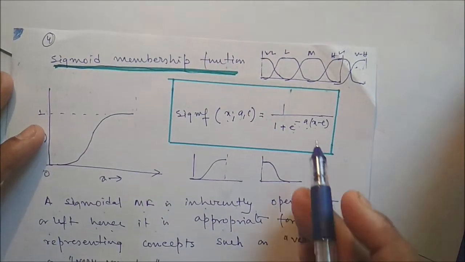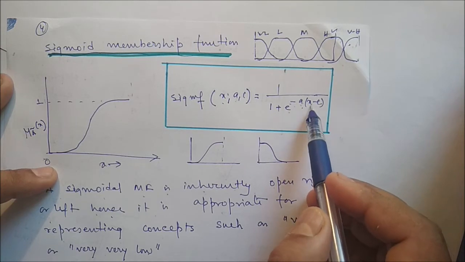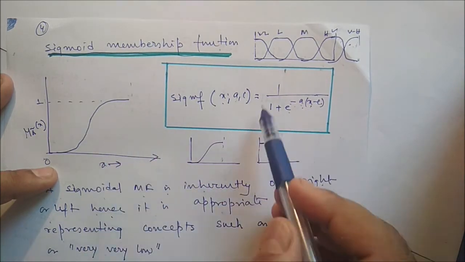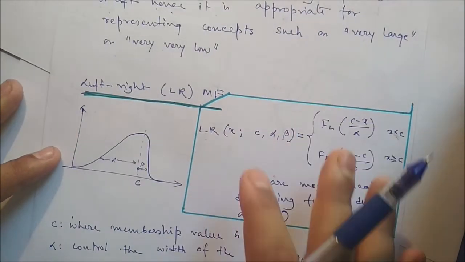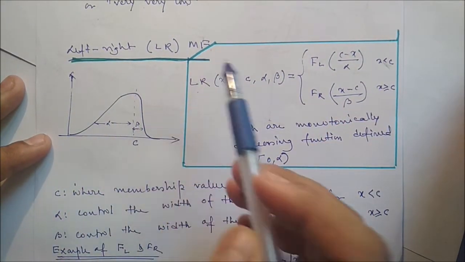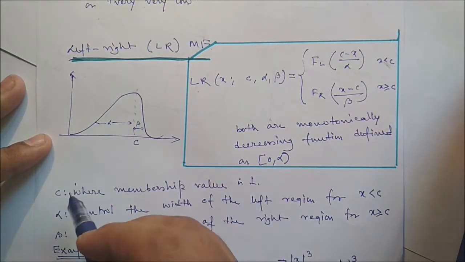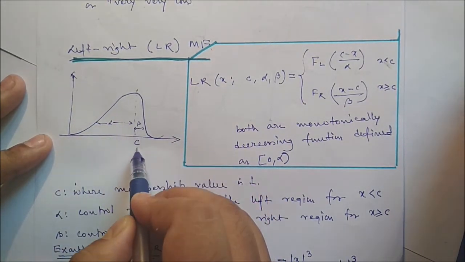So definitely, if you have the a value and c value for different x values, we can identify the membership value. Okay, next is the left right membership function. The shape of the left right membership function is like that. See, this is nothing but c.